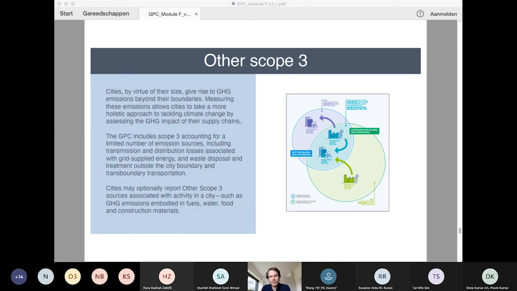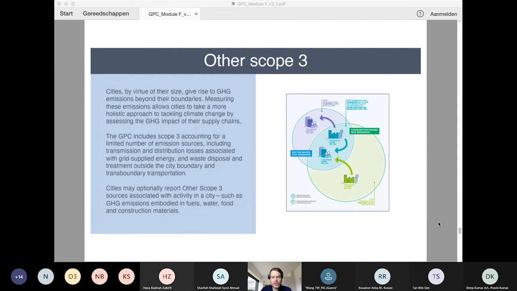And you can see that that's much bigger than the GPC emissions, and that is because most cities are fairly small and fairly compact, and they rely on a huge supply chain to make televisions, but also to make refrigerators, to make building materials, to produce the food that come from outside the city that currently aren't captured in the basic or basic plus inventory.